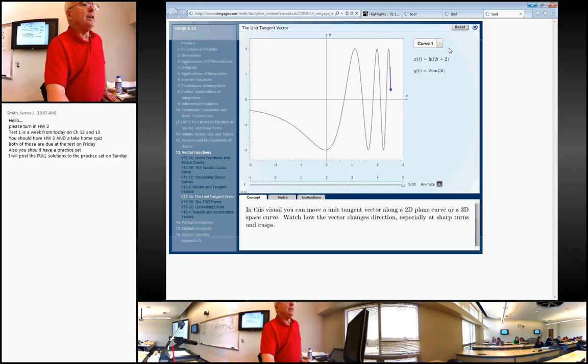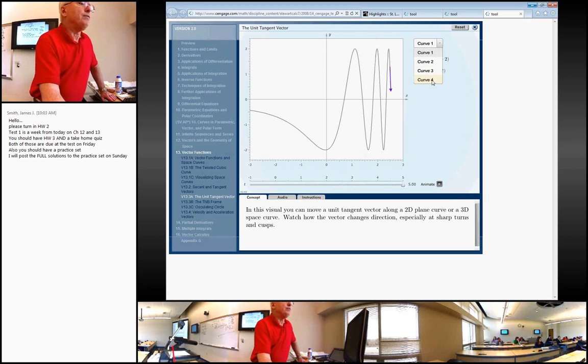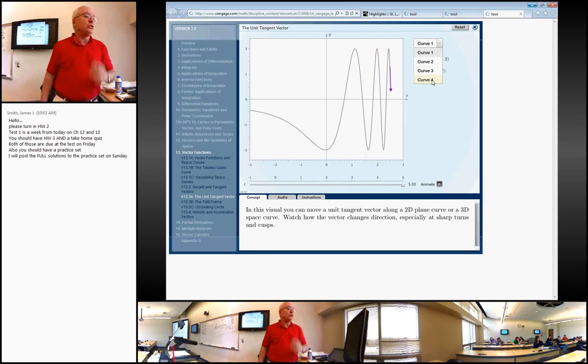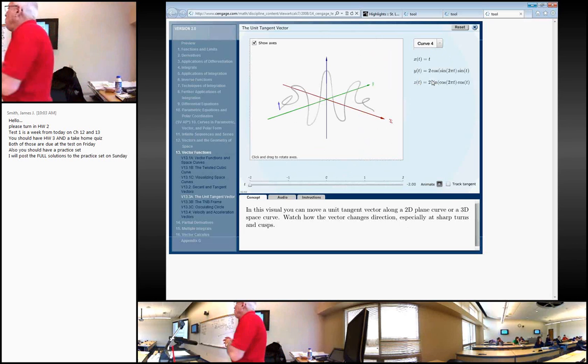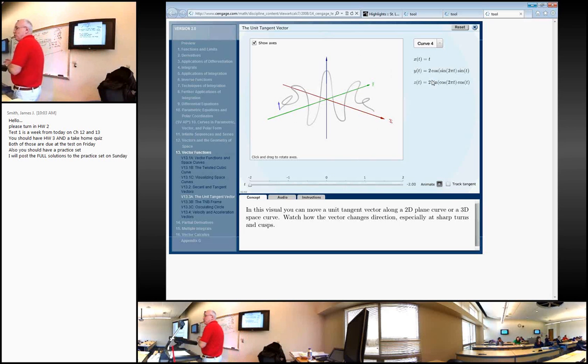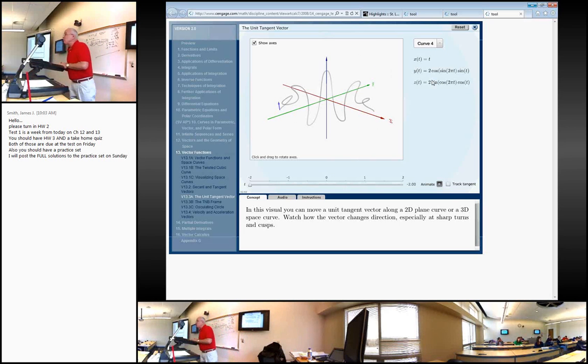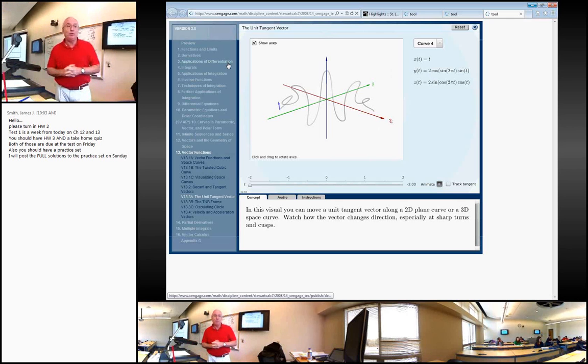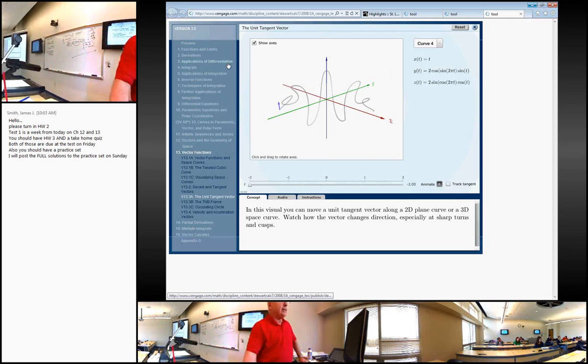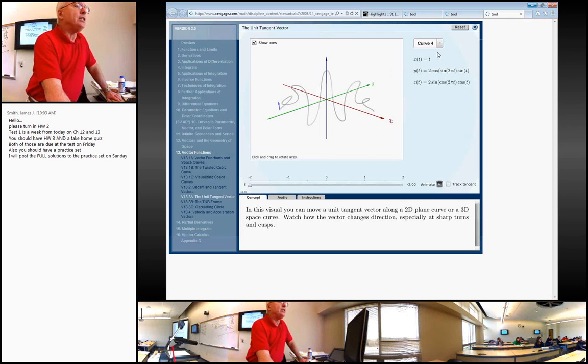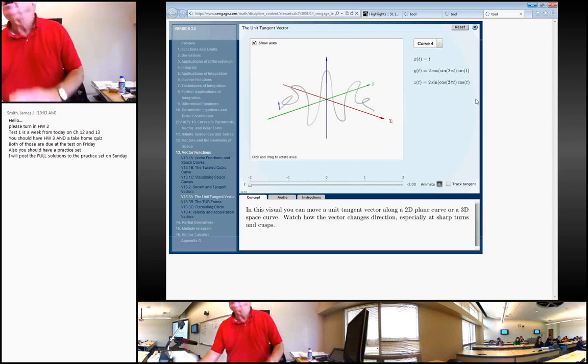Now let's look at another curve, curve number 4. Oh yes, curve number 4 is a good one. Now we have a three-dimensional curve. This looks like one of those strange ones that I drew the other day on the computer. We have three components: x equals t, y is a cosine of a sine times a sine, z is a sine of a cosine times a cosine.